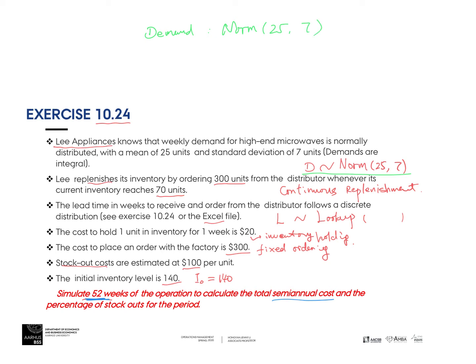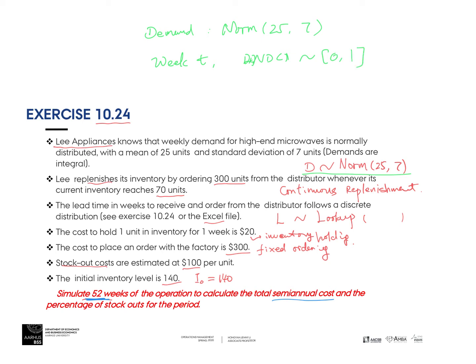If I want to generate a random demand for 1 week, for example for week T, I'm going to generate one demand for this specific week, then we need to use the inverse function, because you remember you need to have a random number, RAND, which is in the range 0 to 1.